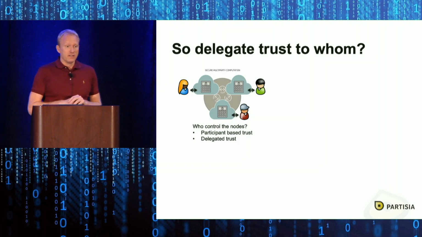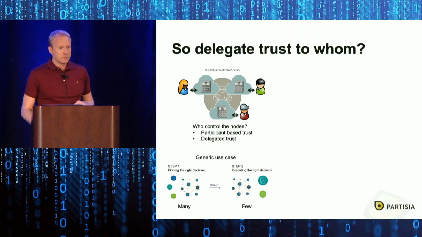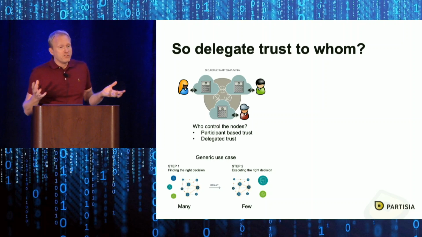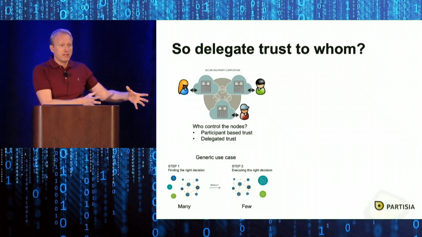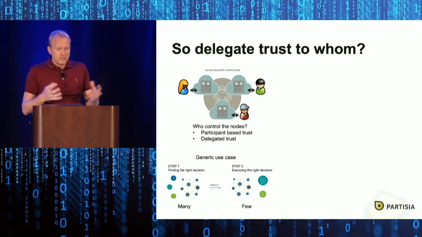You can set up the system to run a number of two-party problems. You might have other situations where that is not possible. So for most of these cases, you will have a generic use case where you will have a lot of players in the beginning, a lot of information, then you'll find some matches, and then you should execute the decisions.